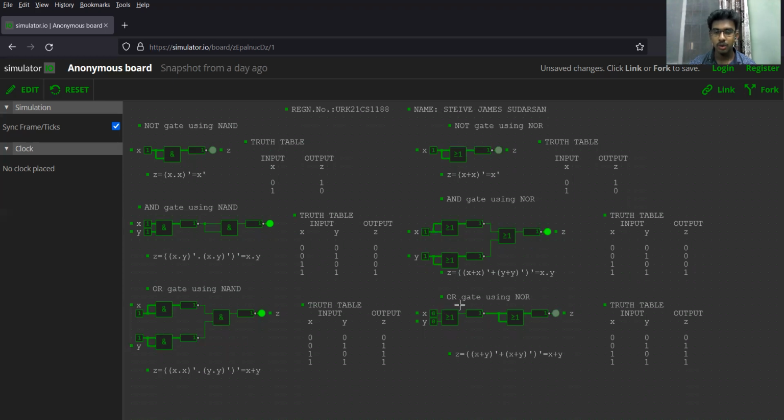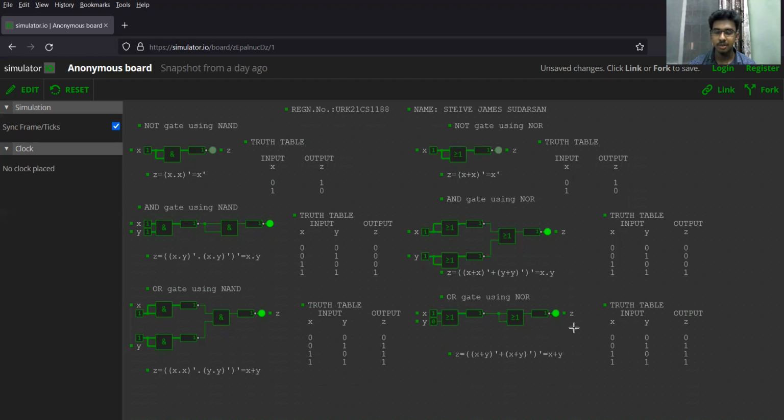Now we can go to the OR gate using NOR gates. It is the same as the AND gate process with NAND gates, and here we are using it for the OR gate. Here also we have two inputs and one output. When x is 0 and y is 0, the output is 0. When x is 1 and y is 0, it gives the output 1, and the bulb glows.